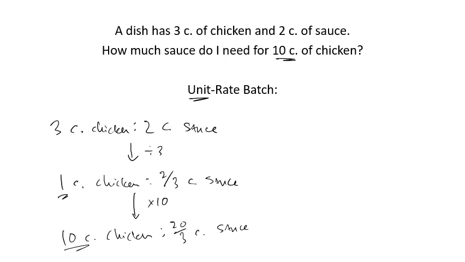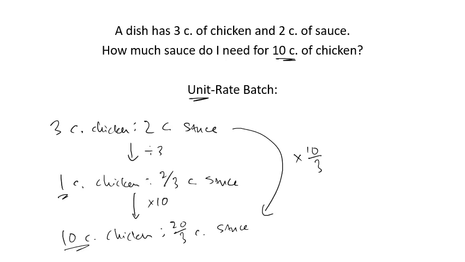Now, some of you might be thinking, can't we just use the multiplication method, do this all at one time, and multiply this by 10/3? Absolutely, we could. But not a whole lot of students are going to be able to think that far ahead in that multiplicative of a way. Some will, a lot won't. And so getting to this unit rate by multiplying and dividing by whole numbers, by integers, is typically a much easier approach.